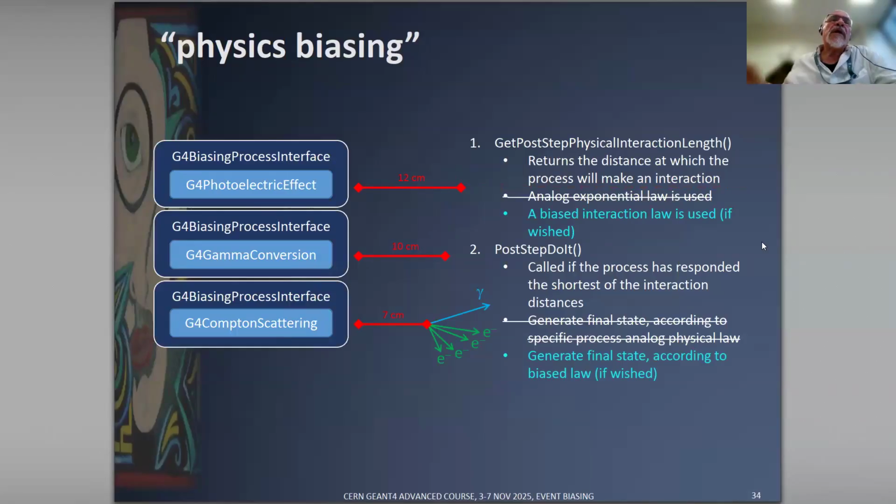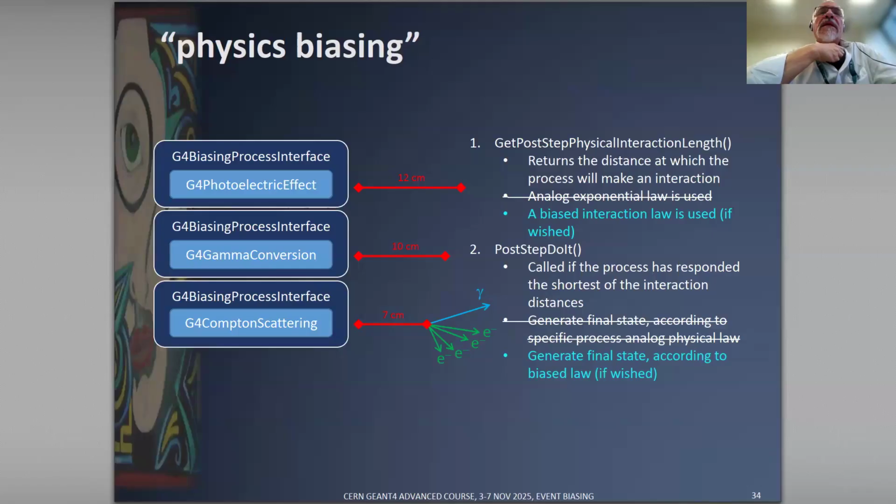When we go with the biasing, all these processes in this case are encapsulated. Still in the first stage, on the get physical interaction length, the interaction lengths are sampled, but this is made through this biasing process interface, which may then use a biasing operation to decide to modify the interaction law.